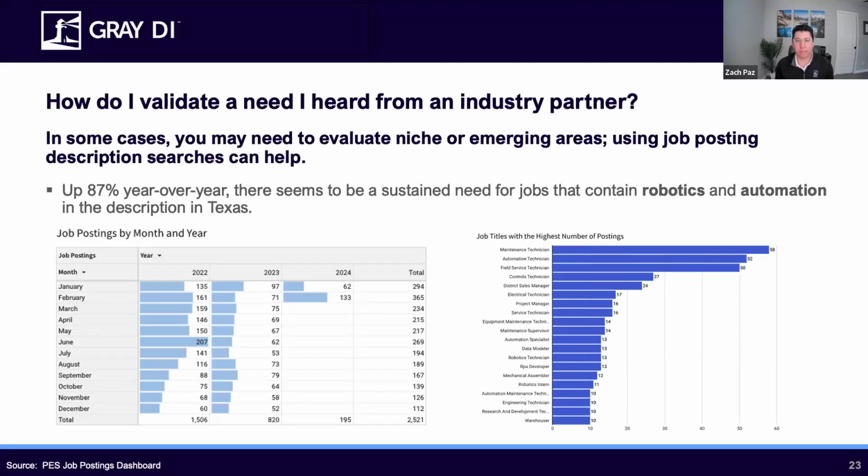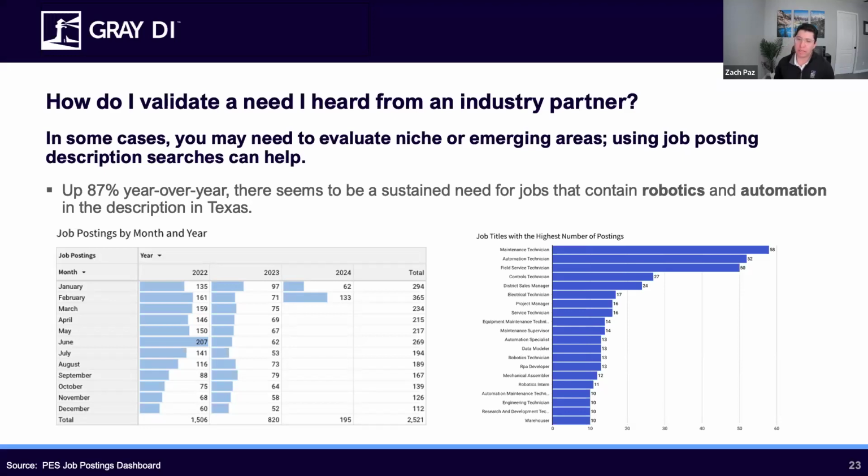Is it just one of those where they have 3 job openings and they just can't find someone, and so you build out a program, invest a lot of resources, only to realize that they filled their positions with the first cohort of graduates, and then there's no more availability, right? That would be a worst case scenario in my book.